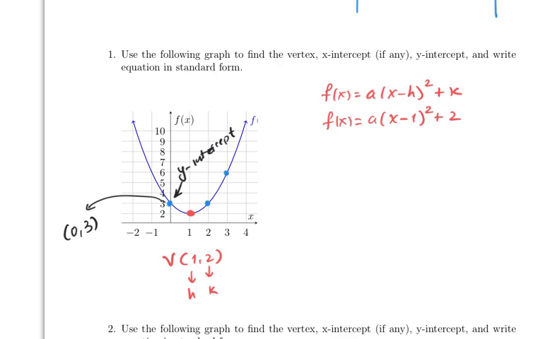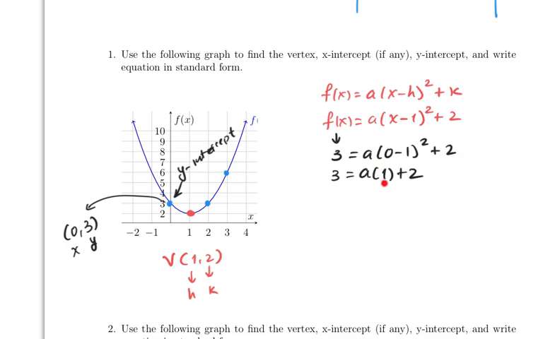If we plug that in here, remember this is x, this is y, and y and f of x are the same thing. So this will be 3 equals a times 0 minus 1 squared plus 2.